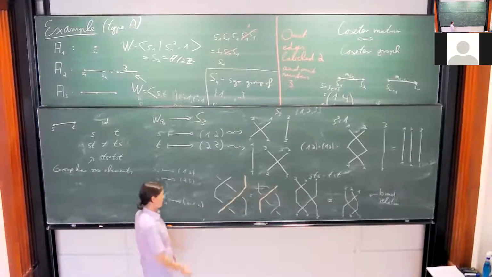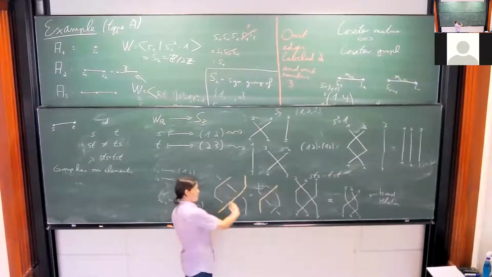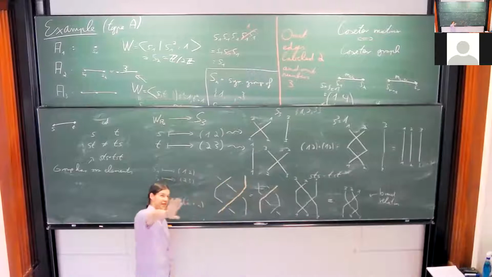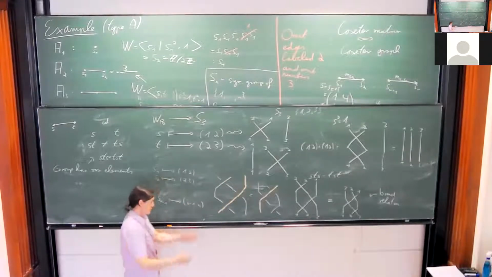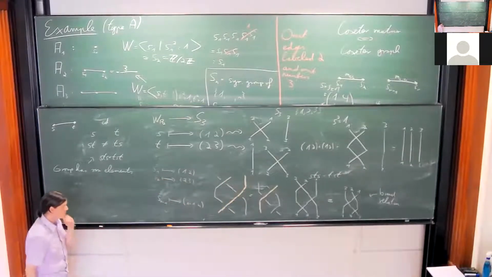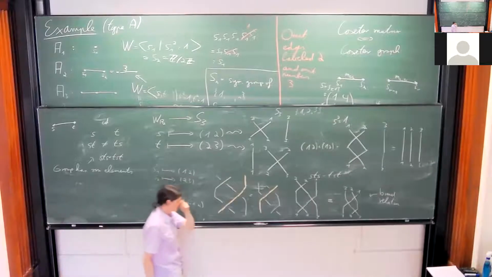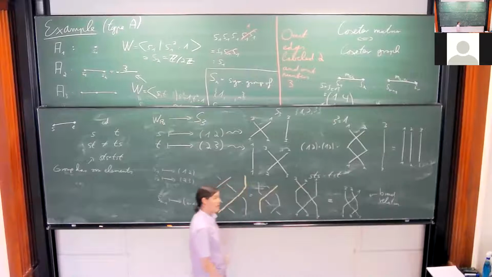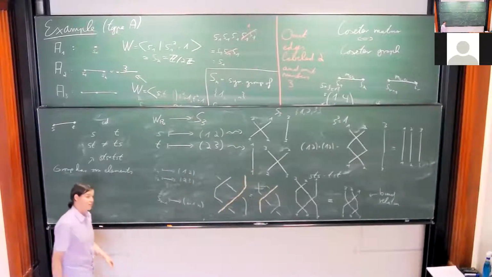So if this is now in R3, you could just pull it down, and this is exactly what this relation says, because this strand is facing towards you, it's in the front. This is why it's called the braid relation. So these Coxeter groups actually come directly from some kind of low-dimensional topology.